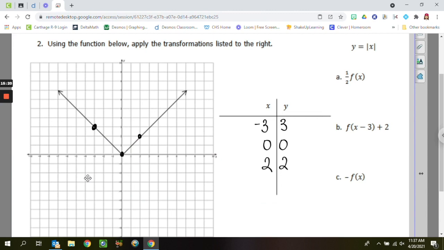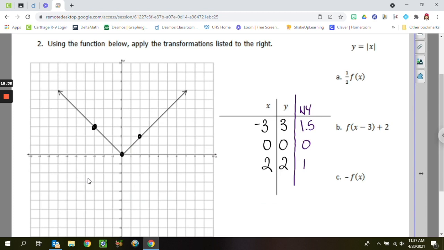Y values, exactly. So this is where I might drop a column in here for A and put in some new Y values. So that's going to be 1.5, 0 is not going to change, and 1.